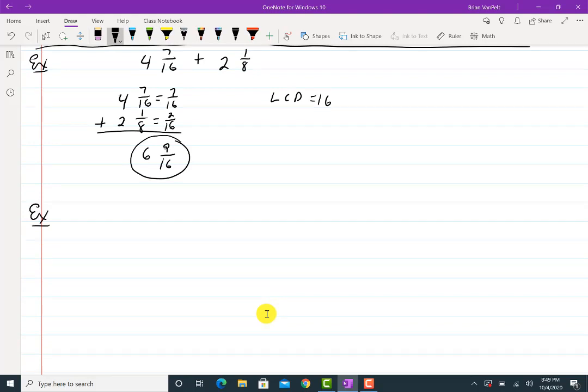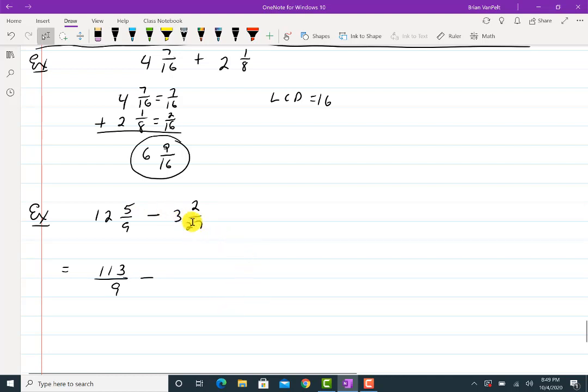Let's do 12 and 5/9 minus 3 and 2/27. 12 times 9 equals 108, plus 5 more is 113.